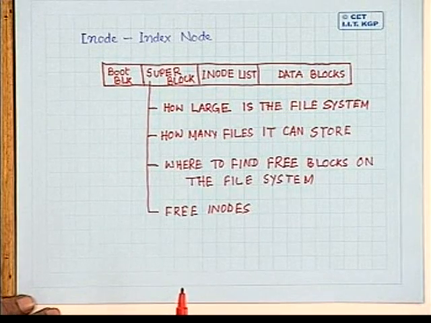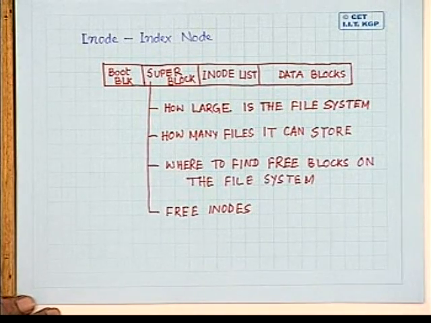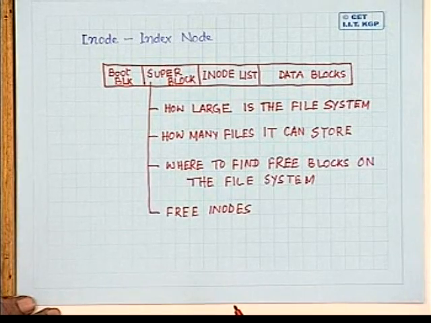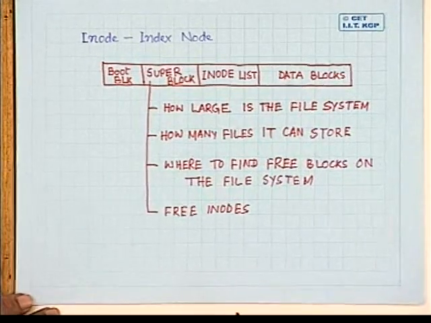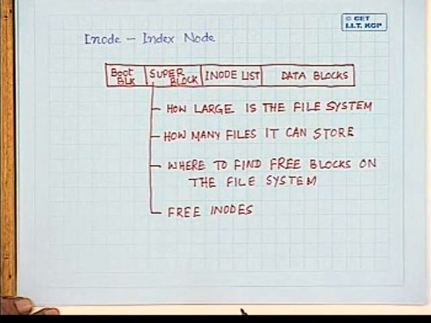Okay. So you find that in many cases, I don't know whether you have faced any such situation or not, when we try to create a new file or a new directory, you get an error message that the file system is full, even though there is a lot of disk space available on the file system.